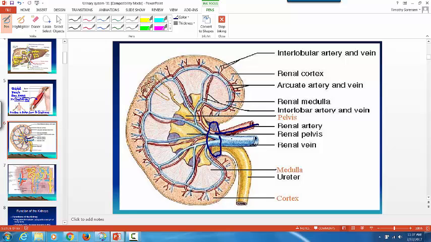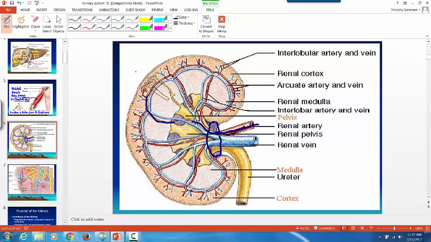So in this case, the renal artery comes in, and as you can see, it begins to split off into smaller and smaller arteries. So it is, in fact, the arterial blood that is filtered by the kidney, because the arterial blood's under pressure. And when I explain the function of the nephron, that will make more sense.